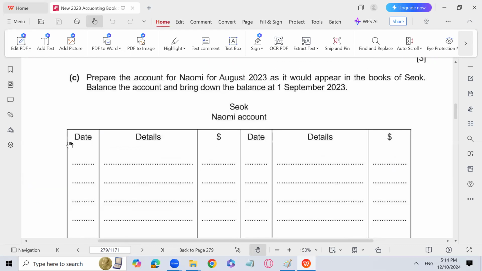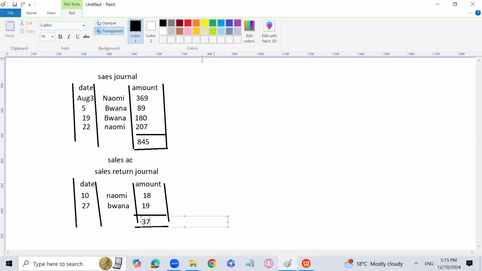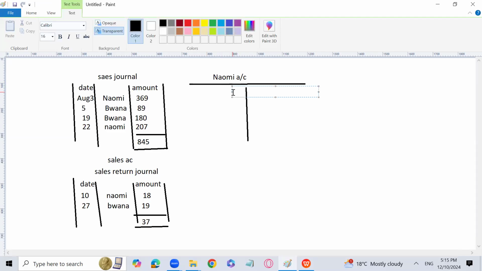But now we have to prepare the Naomi account for August as it would appear in the books of SEC, balance the account and bring down the balance on 1st September 2023. So you need to be very clear about this. If you remember, whenever you are going to prepare an account of a trade receivable or trade payable, you have to write the balance brought down first.